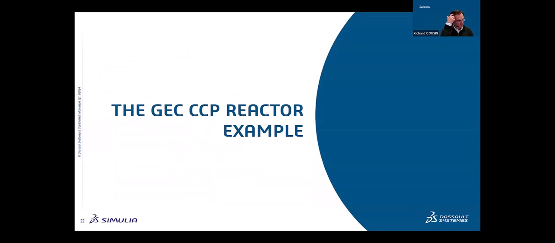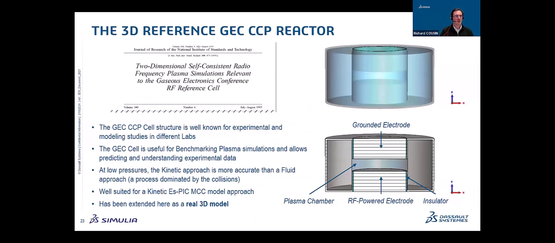I would like now to provide you with some information about the CCP plasma reactor, and you will see also how we can set the workflow for this type of application. I've used a well-known paper, which is a reference in this community, coming from the GEC, the Gaseous Electronics Conference.